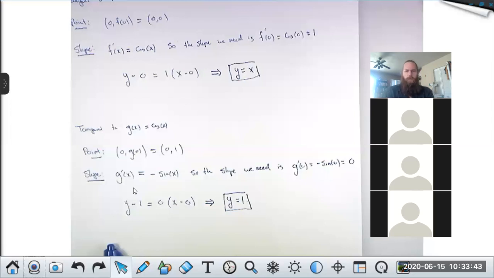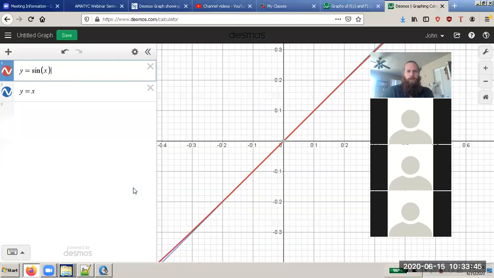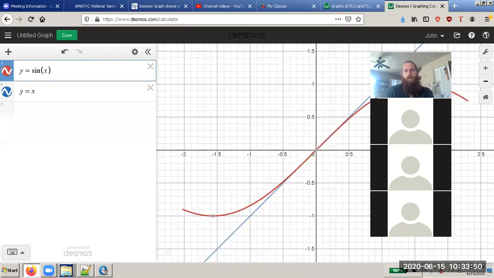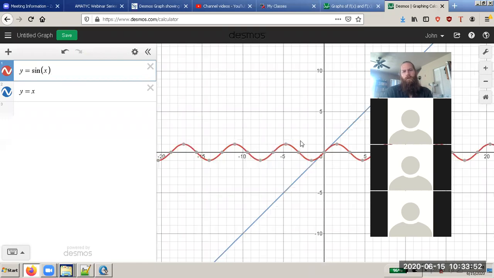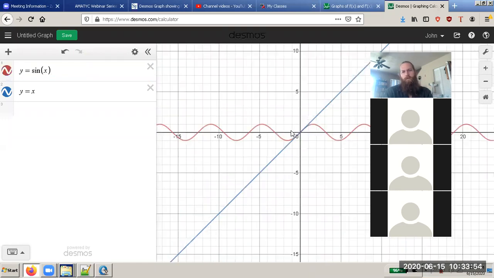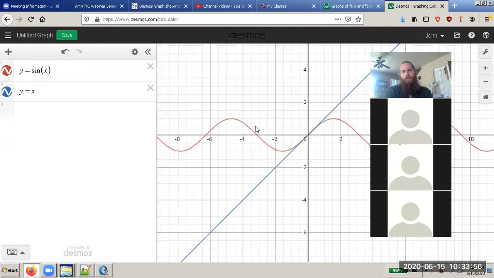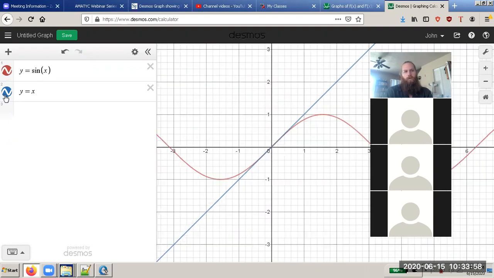Really quick, in Desmos, I'd like to illustrate these tangents for you. So here's the one, right? Red is sine, blue is the tangent. Since we're going to look at two of them at once, I'm going to put the tangent dotted and in the same color as the original.